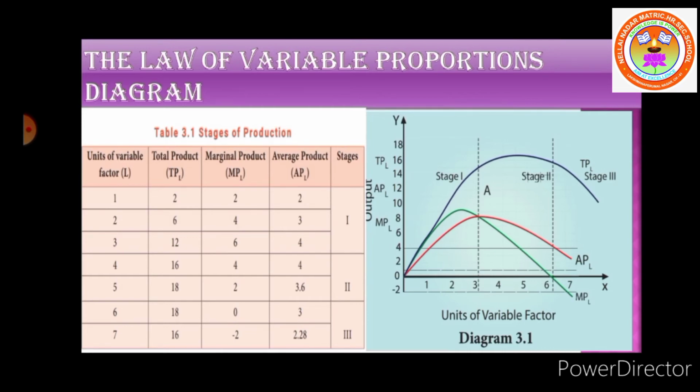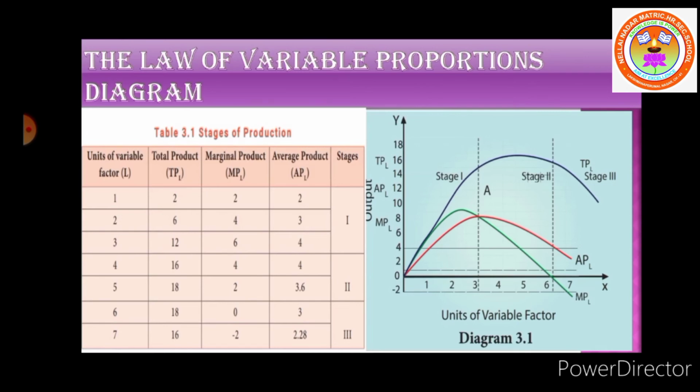When you increase the variable factor, what is the amount of output? That is the total product, average product and the marginal product. First, stage 1: the total product increases at an increasing rate and the marginal product also increases, so average product increases with an increase in the units of the variable factor. Therefore, it is also called the stage of increasing returns.